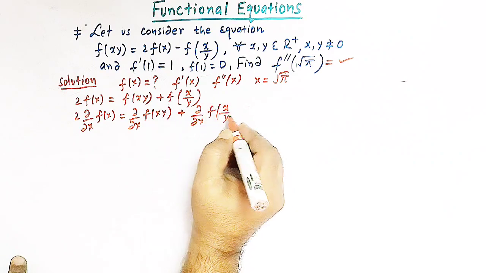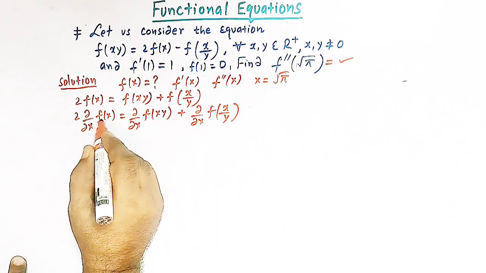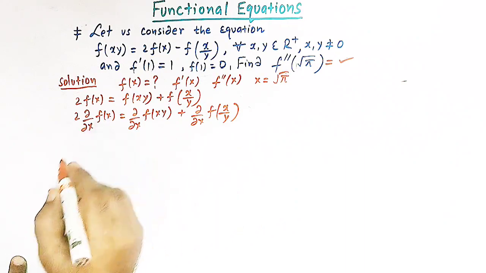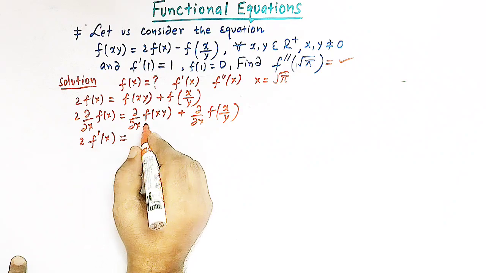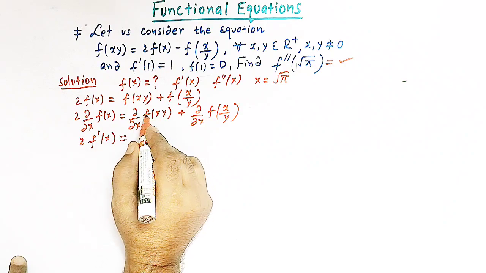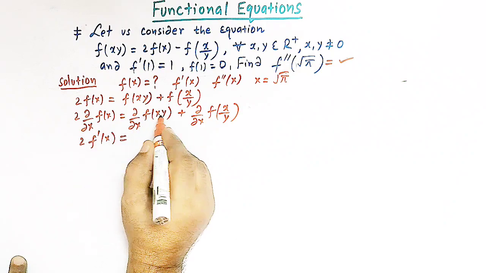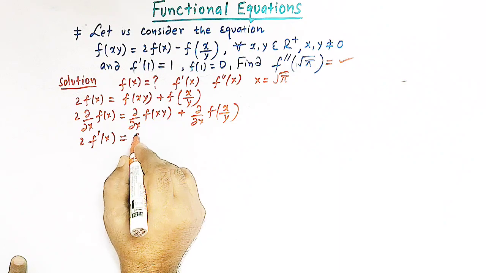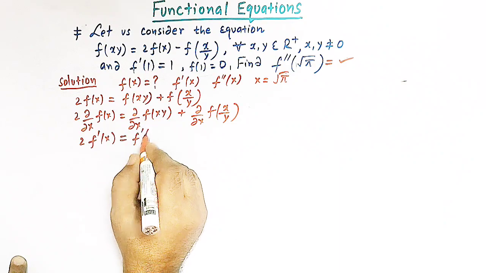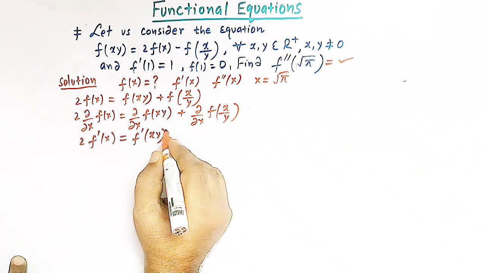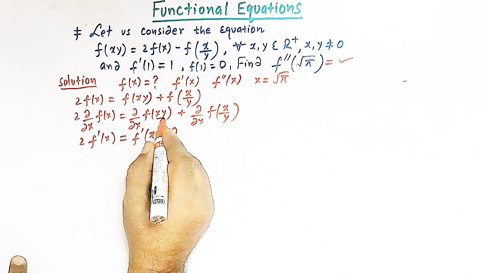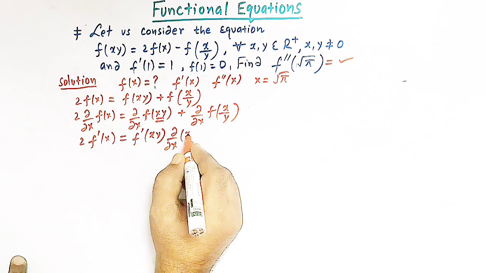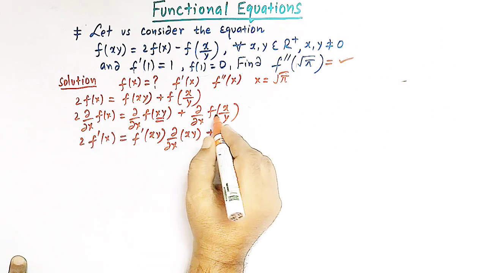Now the derivative of f of x with respect to x is given by f prime of x, and the derivative of f of xy with respect to x may be written as f prime of xy, and then by chain rule we have to differentiate this function xy.